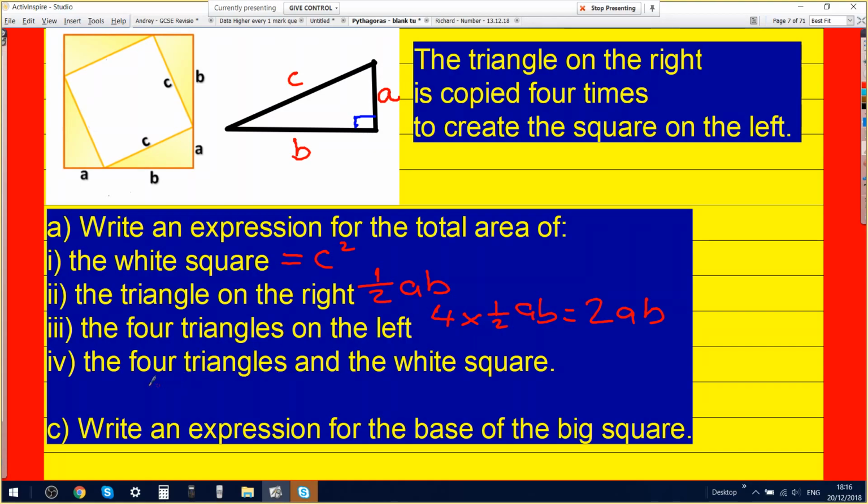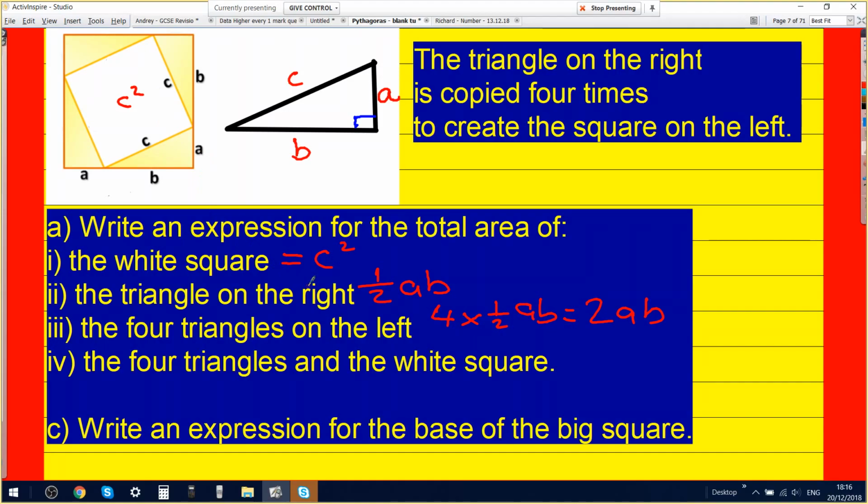What is an expression for the total area of everything on the left? So the white square plus the 4 triangles. 4 times a half AB, so we got that. These are 2AB. The white square is c squared.